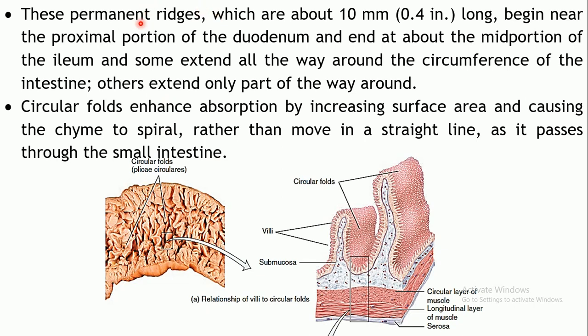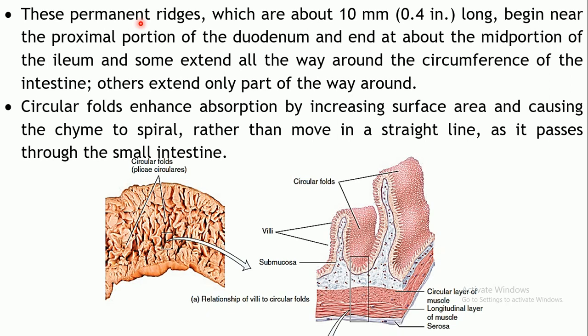Now these are permanent ridges. Unlike the rugae in the stomach, which are the structural feature provided for the extension of the stomach, those are not permanent. As you eat food, the rugae will help in extension of the stomach, so the stomach will distend.